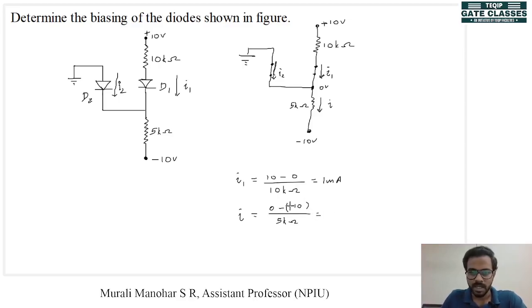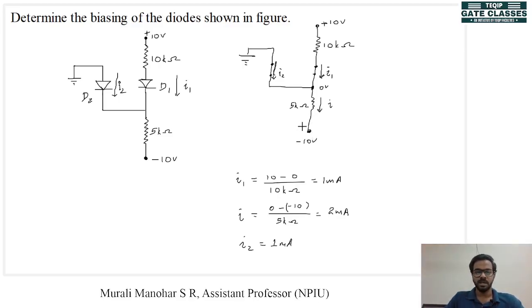How much will it be? 10 divided by 5 kilo ohm, that will be 2 milliampere. So a current of 1 milliampere flows in this direction, a current of 2 milliampere flows in this direction. That means I2 must be what? 1 milliampere. We know this by KCL. So I2 must be 1 milliampere. So 1 milliampere flows through here, 1 milliampere flows through here, they get added, and 2 milliampere flows here.